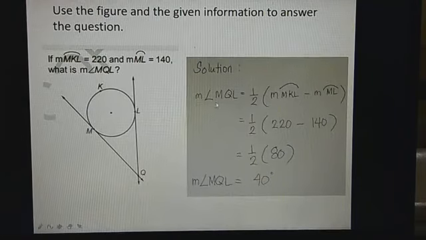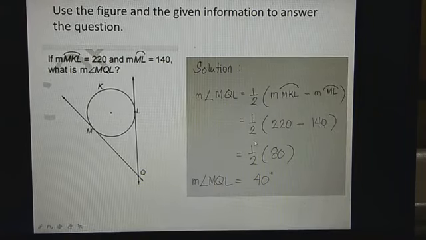The measure of angle MQL is equal to 1/2 of the measure of arc MKL minus the measure of arc ML. So, by substitution, binigay naman ng measure ng arc MKL at ibinigay din ng measure ng arc ML. So, i-substitute na natin. 1/2 times 220 minus 140.